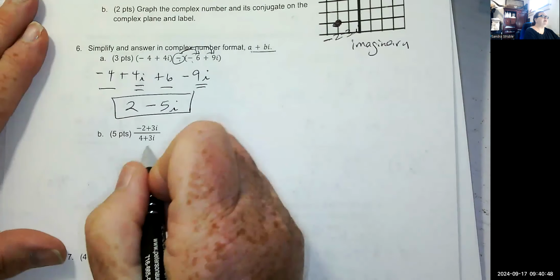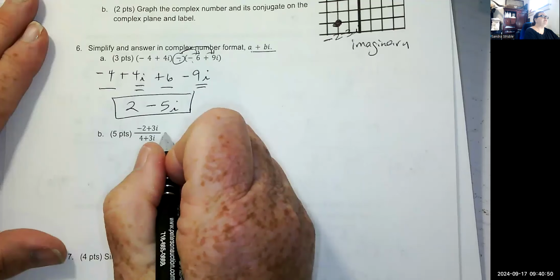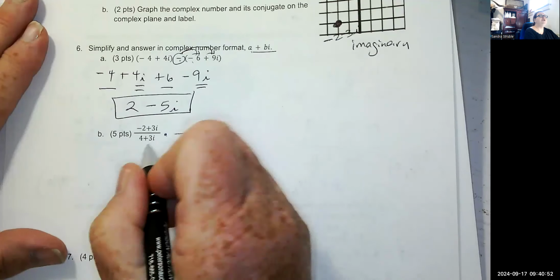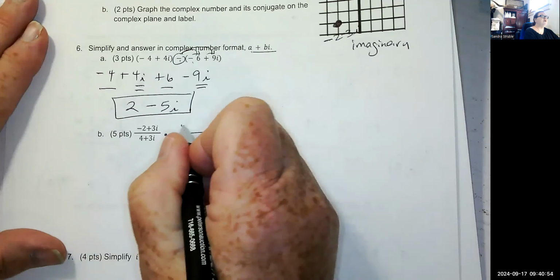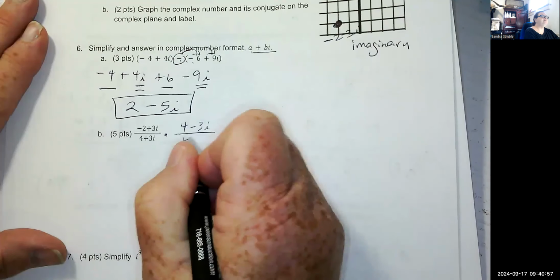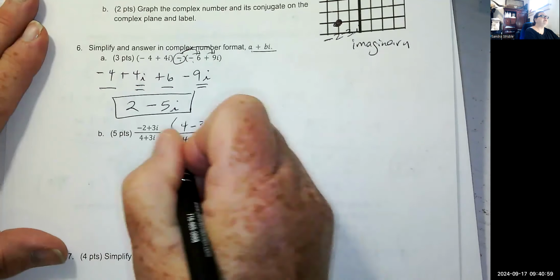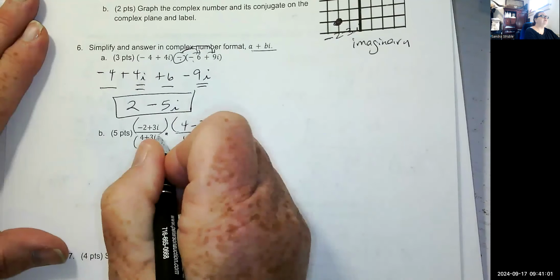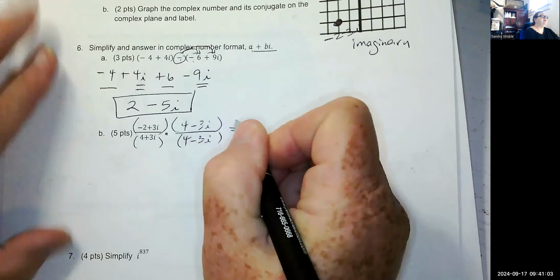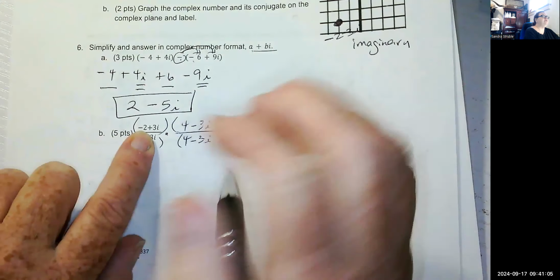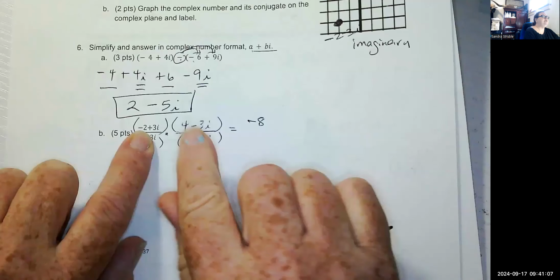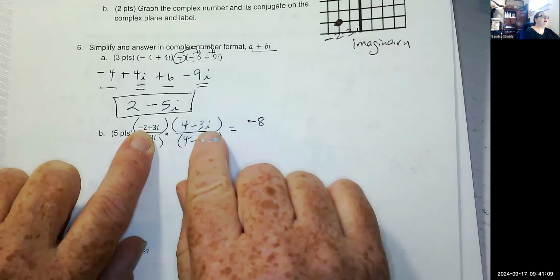All right, simplify. So we cannot have an imaginary number in the denominator, so we just need to multiply by the complex conjugate of 4 plus 3i, which is 4 minus 3i. And then I just need to distribute or FOIL all of these. So foiling, -2 times 4 is -8. Outer is -2 times -3i, which is +6i.